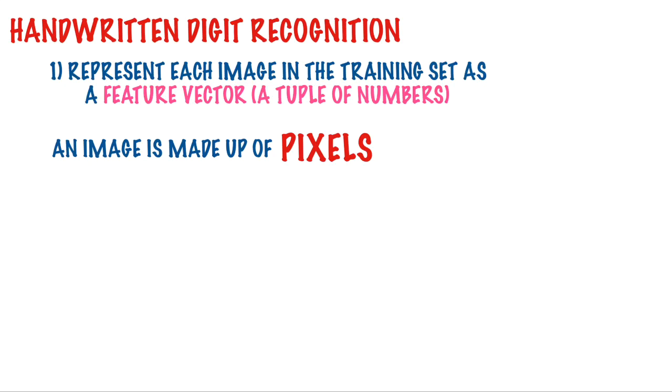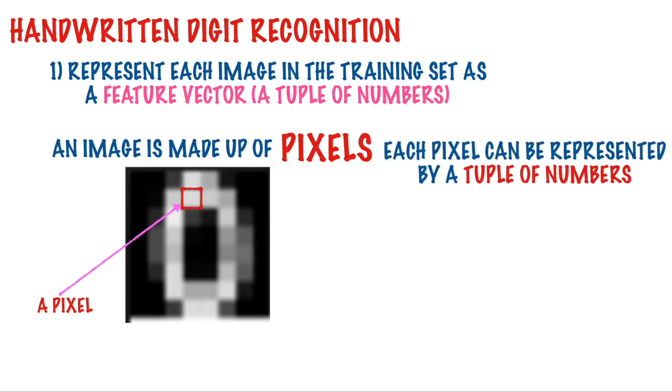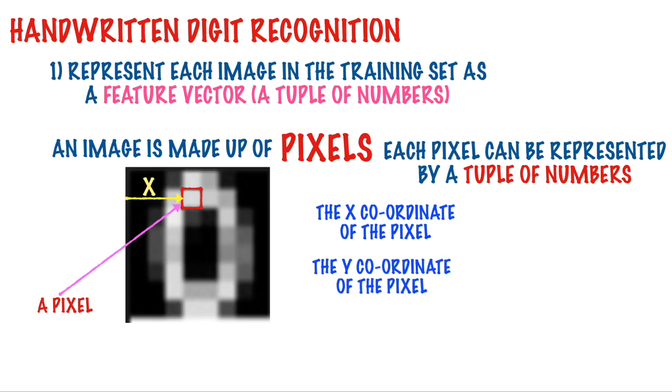Here is one example of a handwritten digit 0 and the pixels that make up that picture. One tiny square that makes up this picture is called a pixel. Each pixel in the image can be represented by a tuple of numbers. The first number is the x coordinate of the pixel. This is how far away it is, say, from the left edge. The second number is the y coordinate of the pixel.